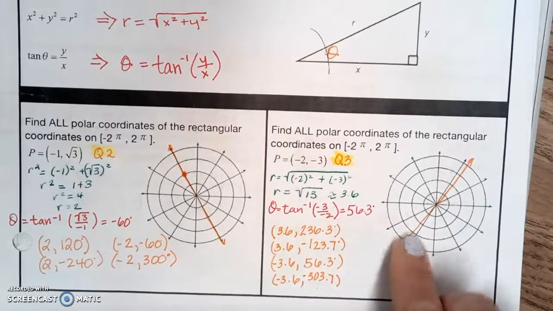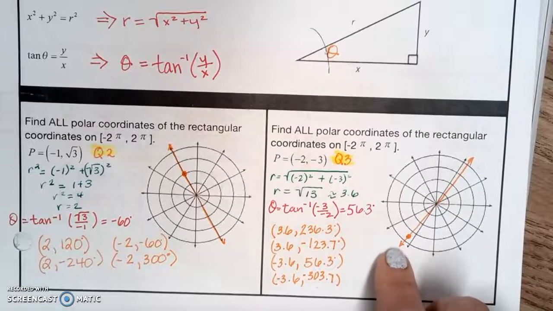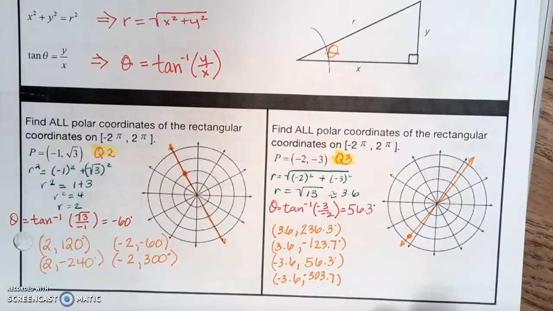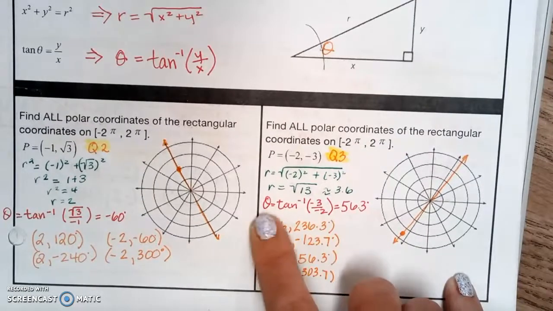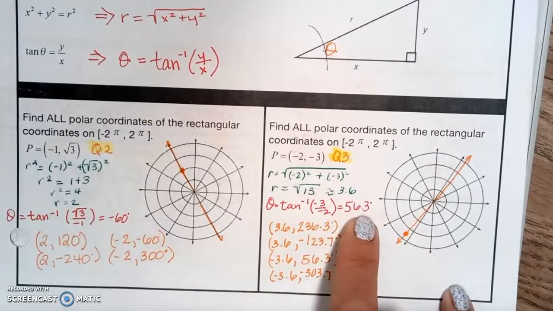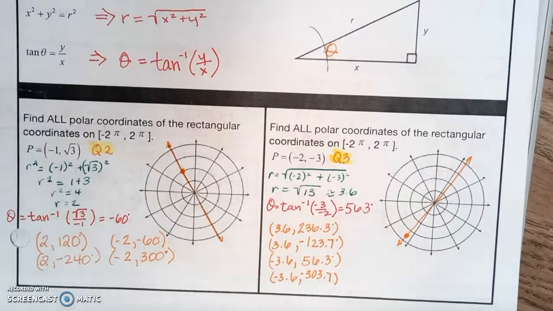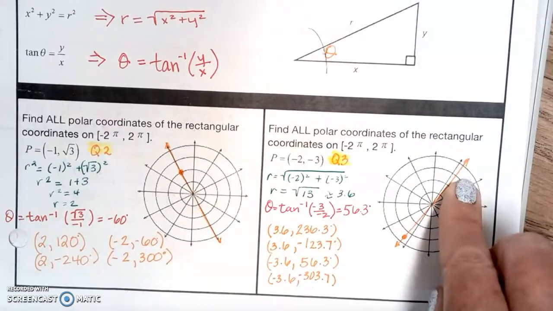It's going to be a little more than halfway between 3 and 4. Okay? And then calculate the theta angle. It's roughly 56.3 degrees. So 56.3 degrees is actually over here in quadrant 1.